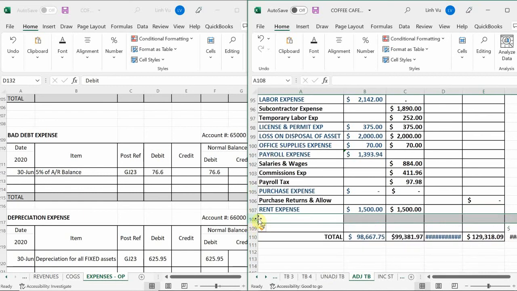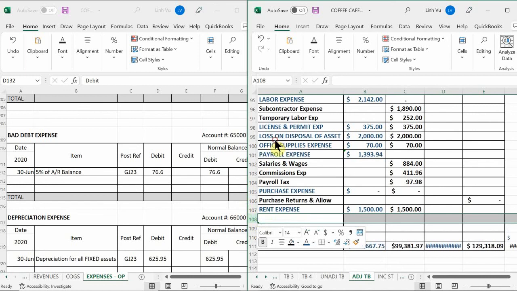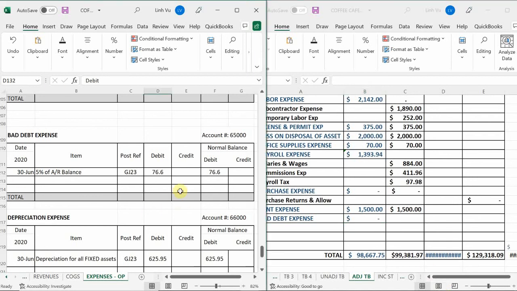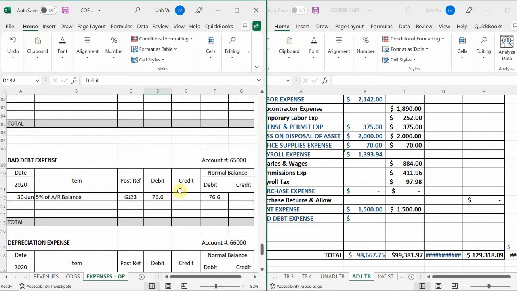So 1, 2, and 3. Starting with the first one, we got bad debt expense, which we had a total of $76.60.